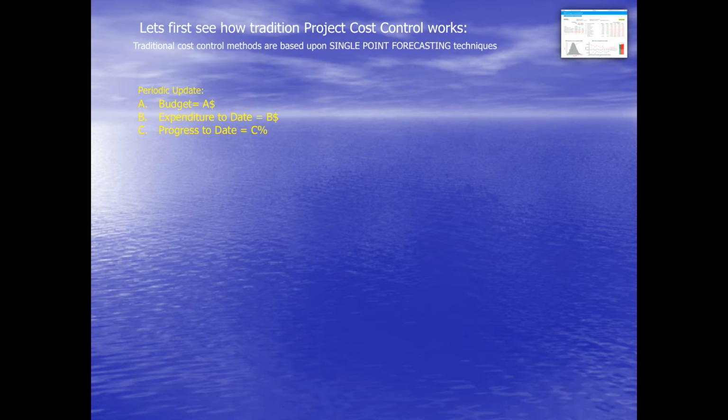So you have the expenditure to date, which is the B, and you have the progress to date, which is C%. And to get to the cost at completion, what we believe the cost will be at the end of the project, we simply take the B and divide by the C, like this. Very simple.